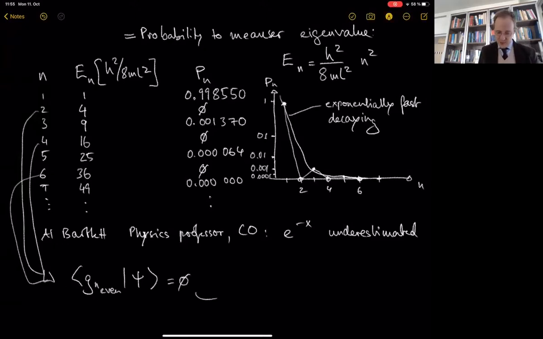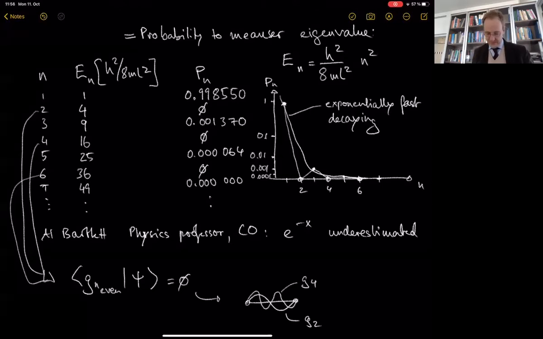So if you look at those solutions, this is G2, this is G4. These functions are odd.